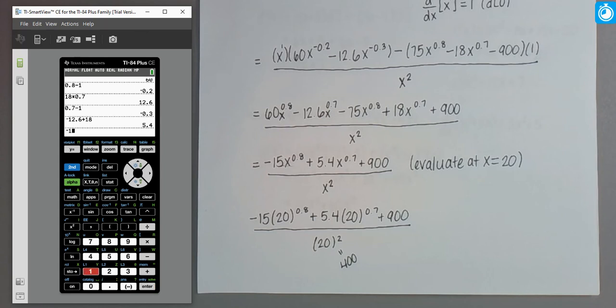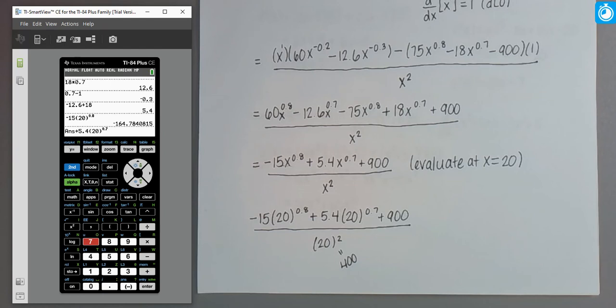So going one term at a time, I'm just going to type in the first term, which is negative 15 times 20 raised to the 0.8 power. Okay, that's our first term. Notice it's got a long decimal, and we're going to round at the end, but for now we're not rounding, we're just building on one term at a time. To that term we are adding 5.4 times 20 raised to the 0.7 power.